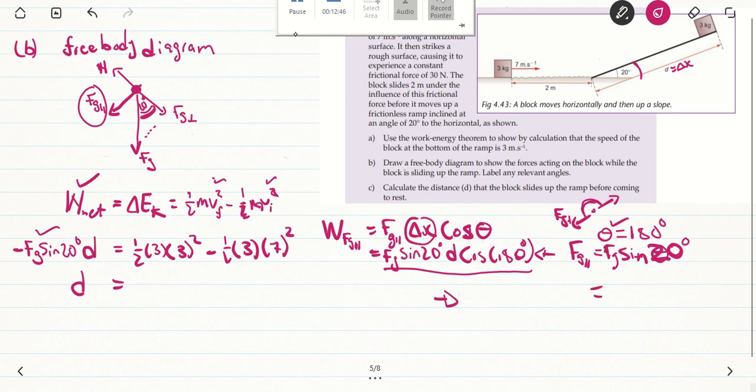Remember that Fg is equal to mg, right? So Fg is equal to mg, and then we are also dropping sine 20 degrees. Essentially, Fg is mg. So to calculate Fg, we just have to substitute 3 kilograms for the mass and multiply it by 9.8, which is the gravitational constant in this case, and have sine 20 degrees next to it.